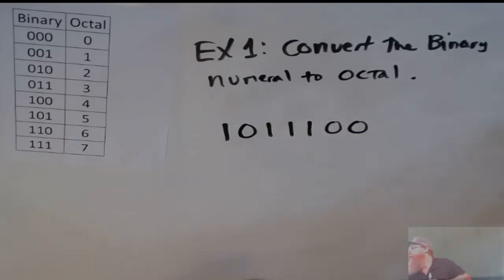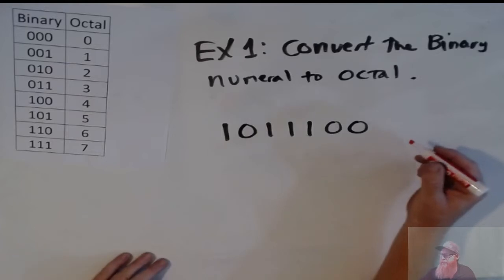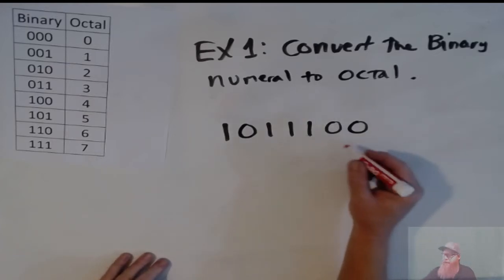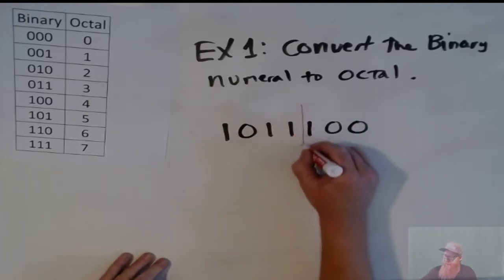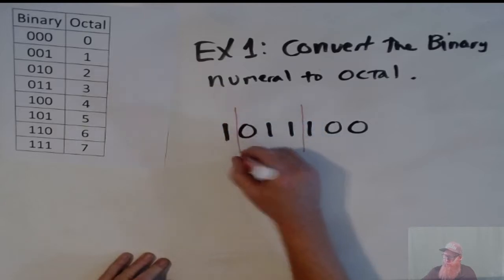Okay, so let's convert this to base 8. So we're putting them in groups of 3 bits. Right? Each digit's called a bit. So groups of 3.